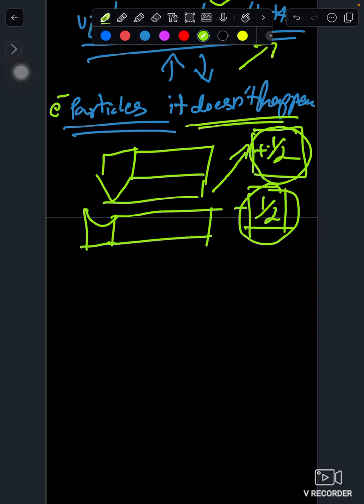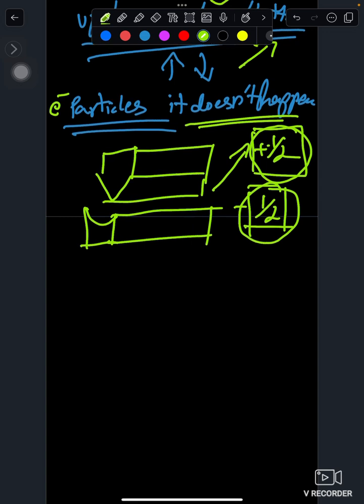Okay, Larmor precession. What is Larmor precession? It's the key of the experiment we talked about.